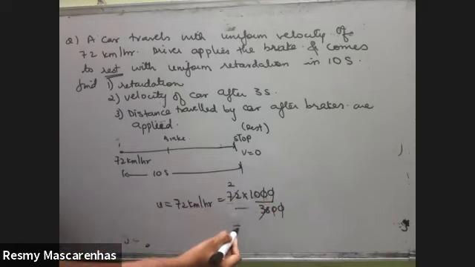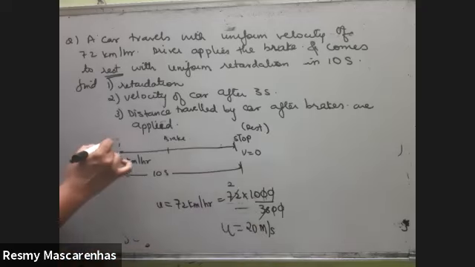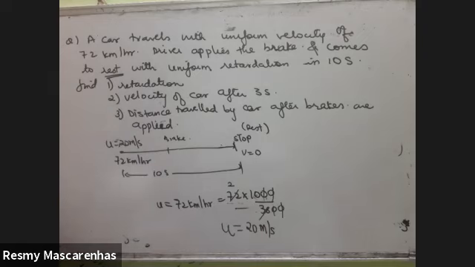So this will be 20 meter per second. So U is 20 meter per second. V is 0. Time is 10 seconds. So calculate your retardation. First one is simple, straight away.